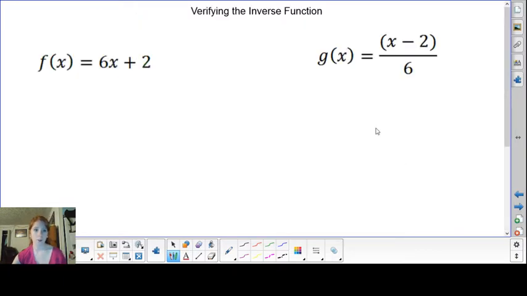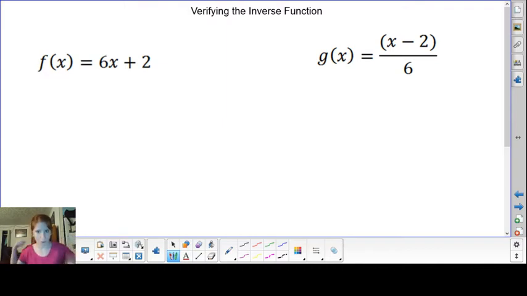Keeping that in mind, I want you to try this one and see if you come up with the same answer that I do. So go ahead, pause the video, try this one on your own. Yes, you need to do both f of g of x and g of f of x. So you need to do both like we just did.